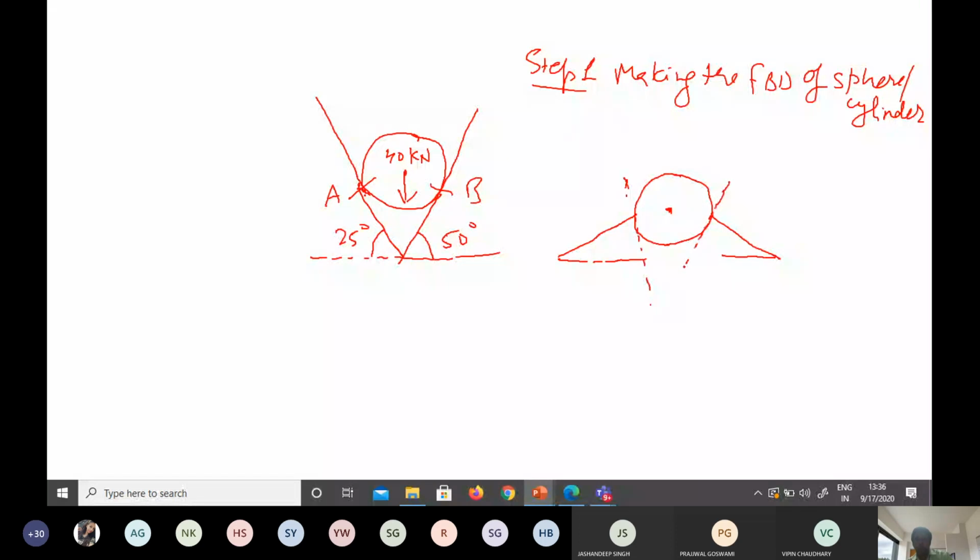That's how I am making it. You have to understand it that way only. This angle is how much? 25. And this angle is how much? 50. Now see, this is a very important part.